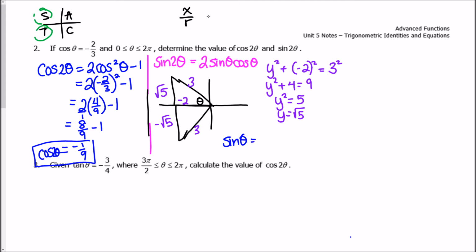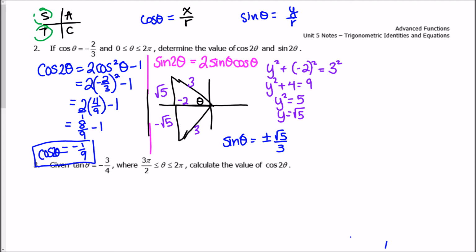Sine of theta, we know, is always going to be y over r. So right here, the y value is square root of 5 or negative square root of 5, and the r value is 3. So sine of theta could be plus or minus root 5 over 3.